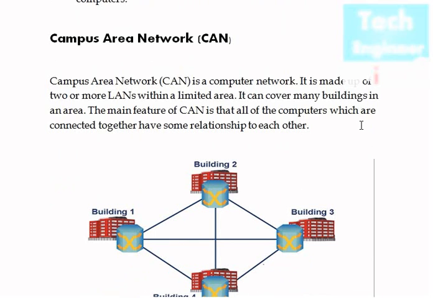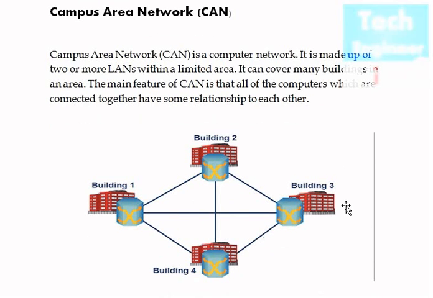When you're talking about the campus area network and the local area network, whatever network comes inside 1 kilometer is known as a local area network. Whatever network comes between 5 to 10 kilometers is known as a campus area network. Basically, big universities expand between 5 to 10 kilometers.